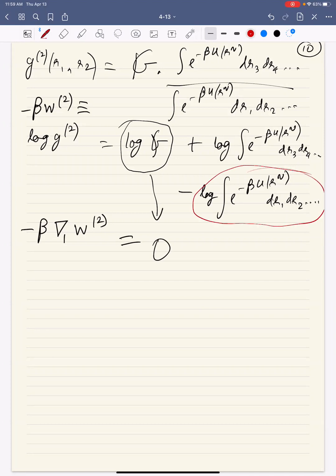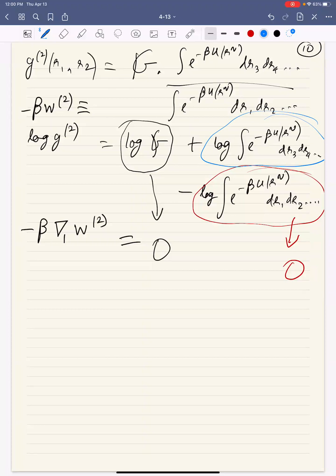Does this depend on R1? Who thinks it depends on R1? The log of the integral. Fahad, why not? It's integrated out, right? R1 is gone. So if you differentiate this with respect to R1, you again get a 0. The only thing that depends on R1 is this thing over here. So let's differentiate this one with respect to R1.